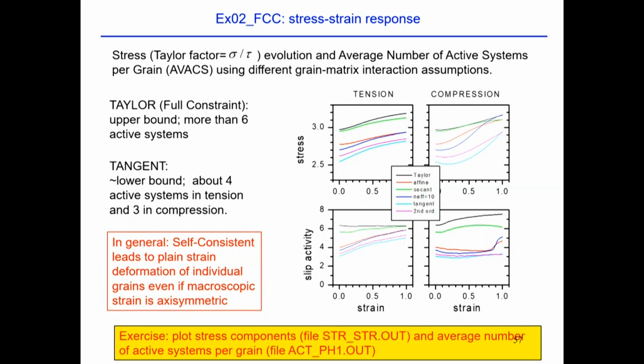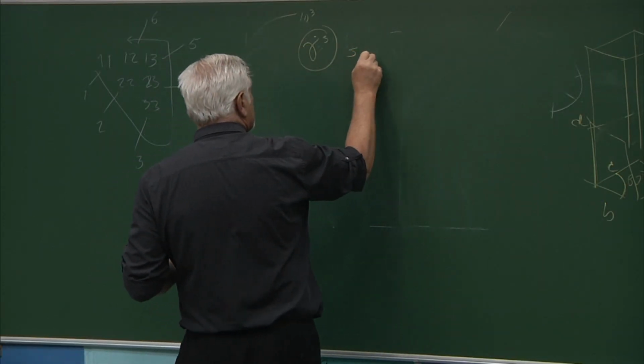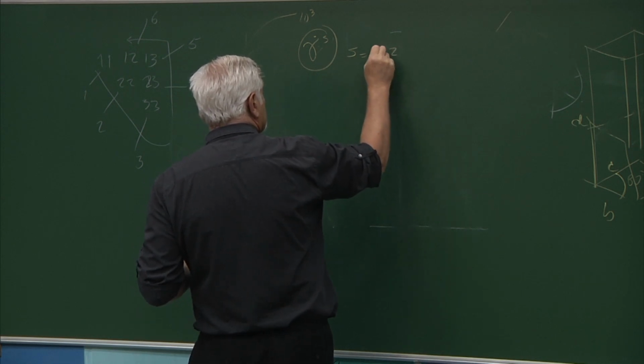Now, this is slip activity, and I need to explain this a bit because the definition is simple, but I don't think I have it in the slides. So you have gamma dot^s in every system in the grains, and S goes from 1 to 12, okay?